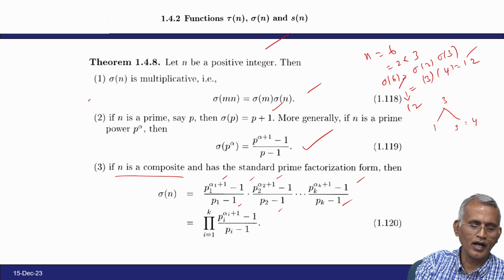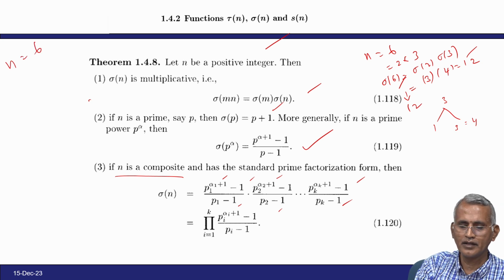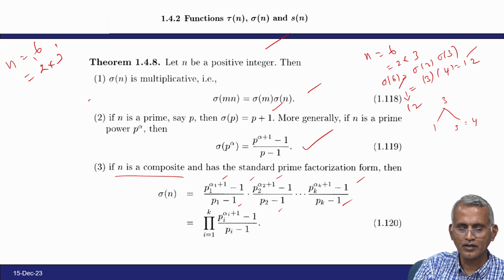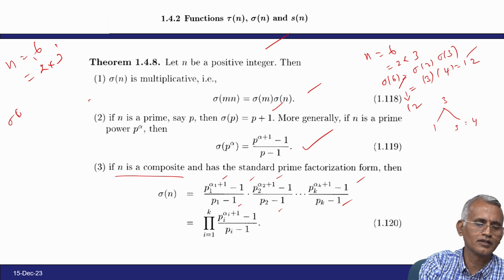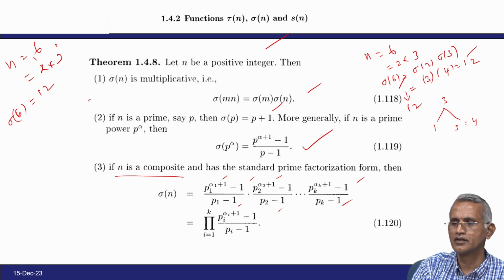Say you take n as a composite, meaning n equal to 6. So, n can be written as 2 into 3, that is 2 power 1 and 3 power 1. So, sigma of 6 you take it, it becomes 12, already we discussed.